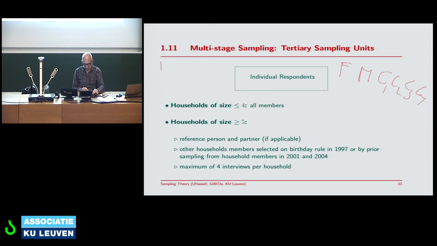Suppose I have a household with a father and a child. Well, then it's clear both of them are included. Father, mother, and child, all 3 of them are included. An example with 4, all of them are included. But here now I have on the right-hand side, I have 6. Father and mother are included for sure. 2 more. Well, I randomly select 2 of the children.